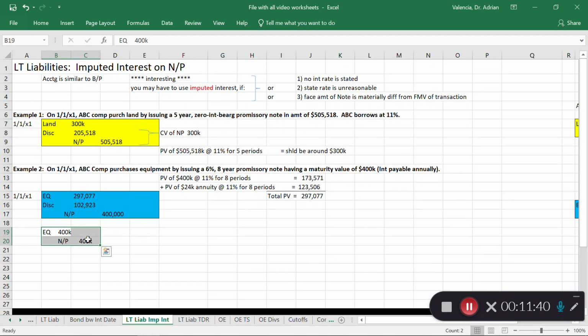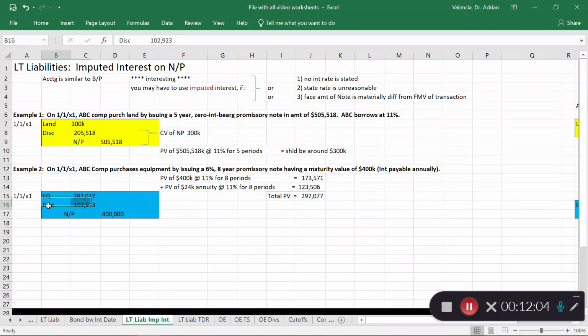Let me delete that before we even think of doing something like that. The idea of imputing interest is super important, because this equipment will be depreciated over its life, whatever that life may be, and the amount used for the computation is 297, nothing more.